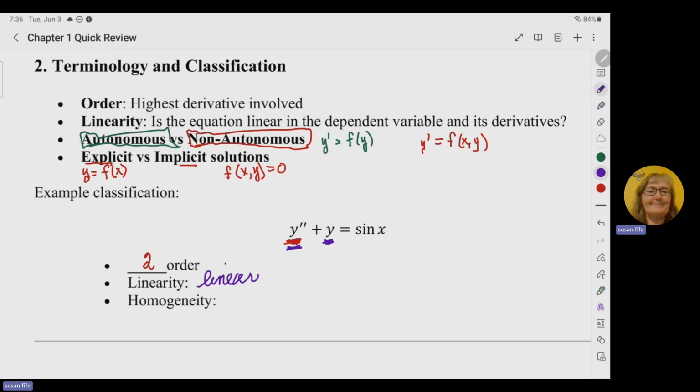You look at the dependent variables for linearity. And then homogeneity, this is non-homogeneous because you have that function of x by itself.